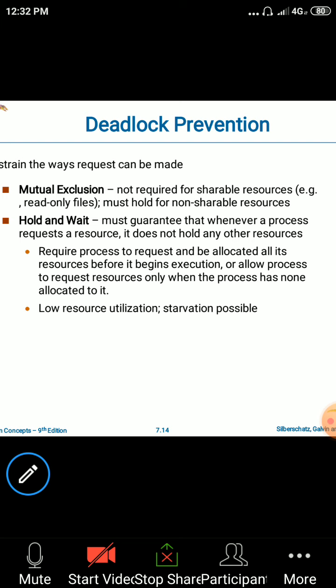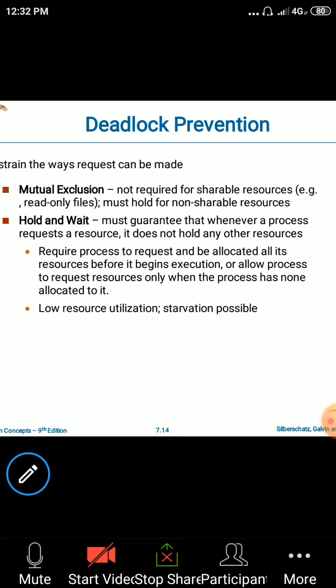Here, how can we apply that? Whenever a process is requesting resources, if the resources are held by another process, then the requested process will never get the resource, and will never get the chance to execute, and that is called starvation.